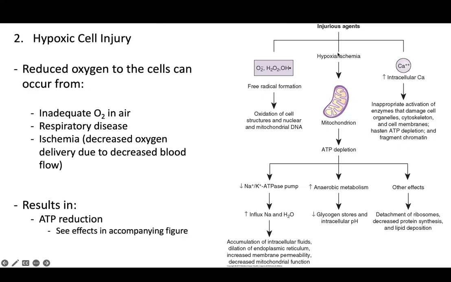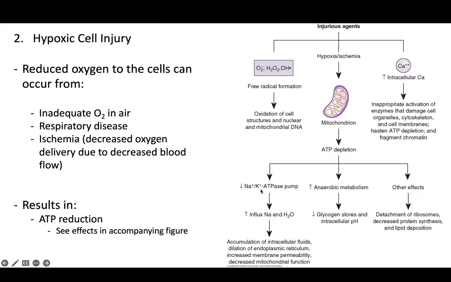If you think about what this hypoxia is going to do, well, we need oxygen to undergo aerobic cellular respiration. So the mitochondria is not going to be working very well because it's not going to undergo oxidative phosphorylation. It's not going to undergo aerobic cellular respiration. And because of that, we're going to deplete a lot of our ATP stores. Without ATP, that's our cellular currency, we can't maintain the sodium-potassium pump.